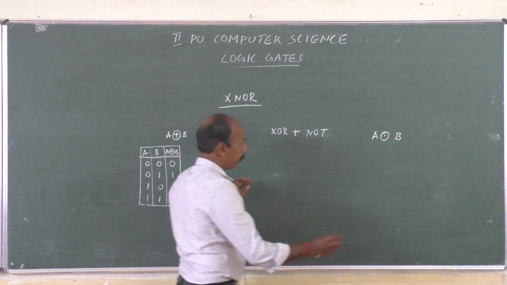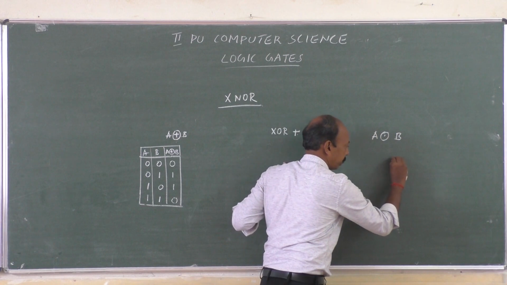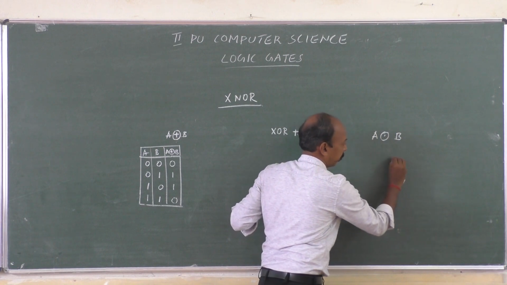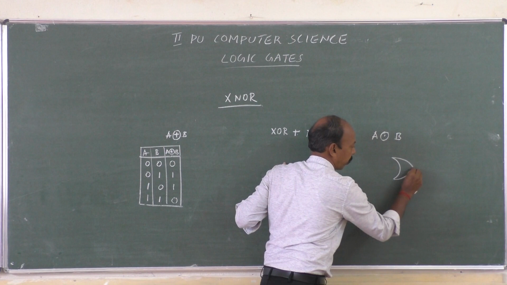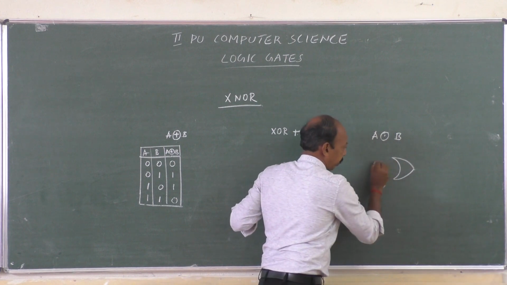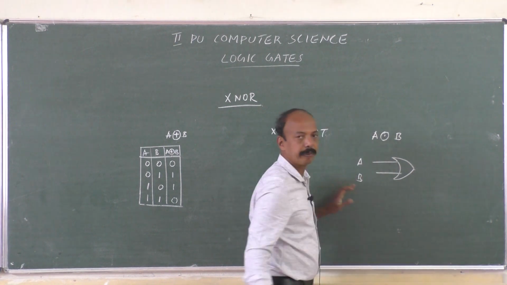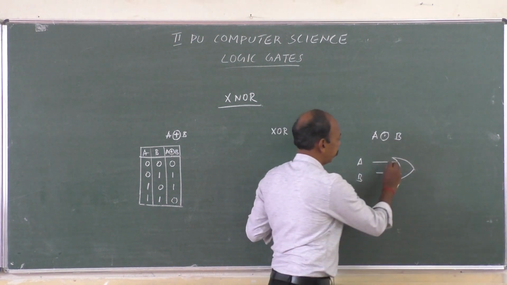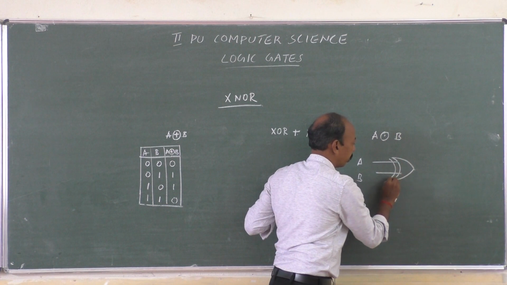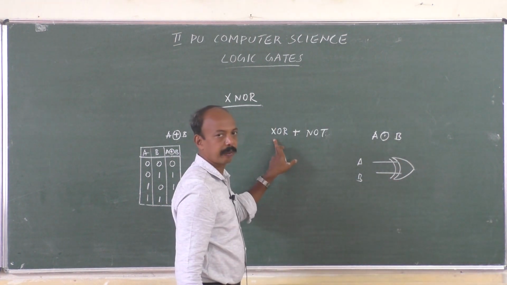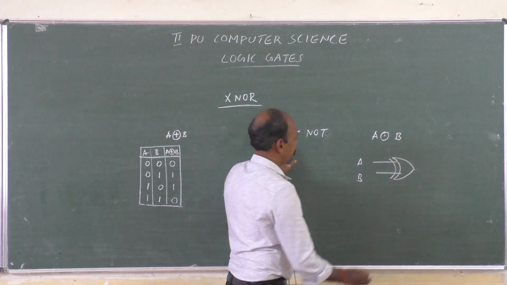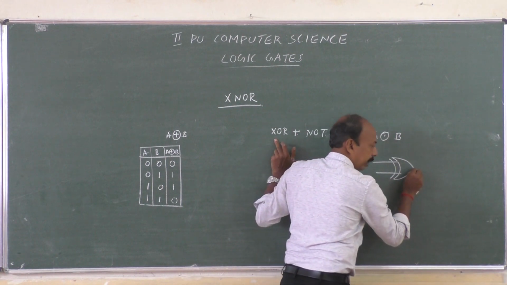And when we represent the same with the help of a logic symbol, it will be XNOR, A, B. This is XOR, right? And then NOT.